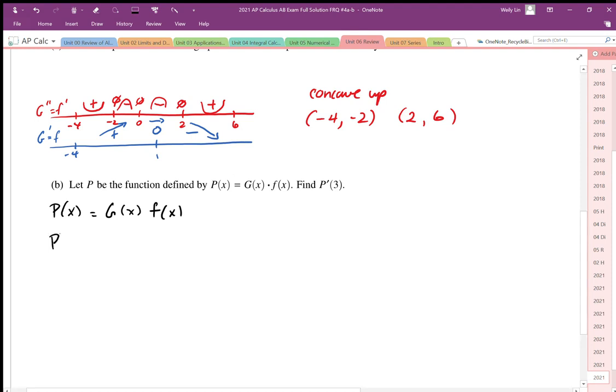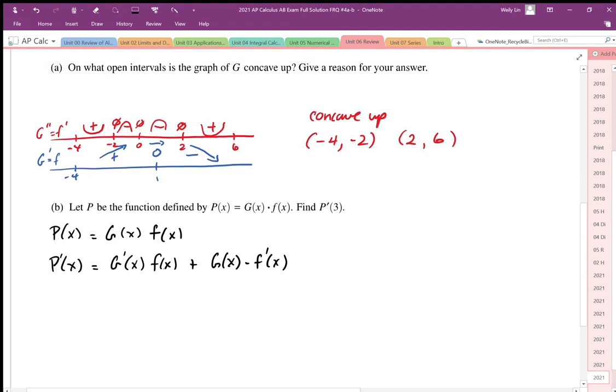P prime of x, it's a product, so I'm going to go g prime of x times f of x plus g of x times f prime of x. We know that g is the area under f, so the derivative of g must be f, so we can rewrite this in terms of f. It's going to be f of x times f of x plus g of x times f prime of x.